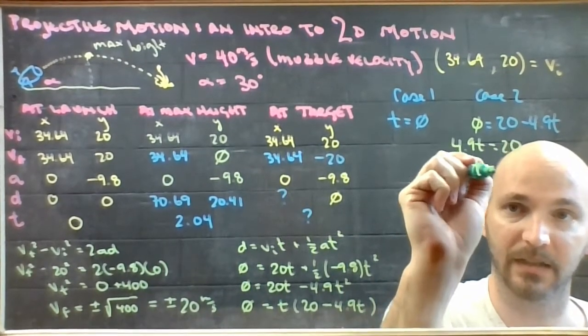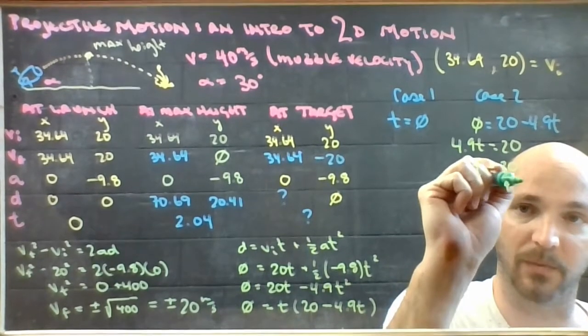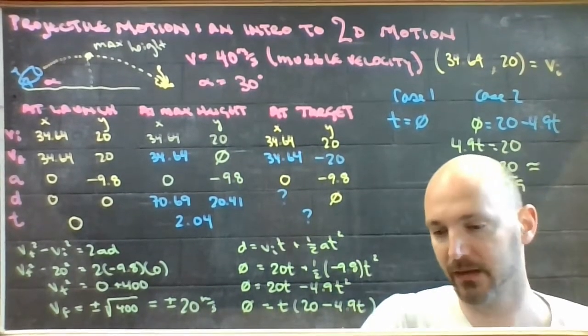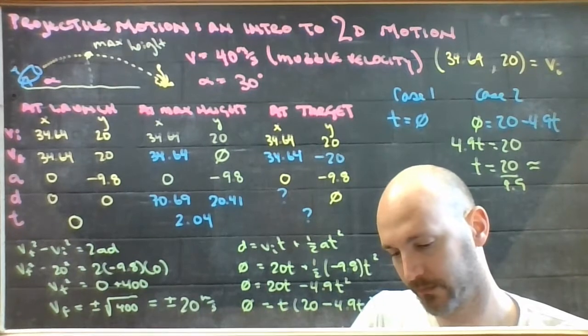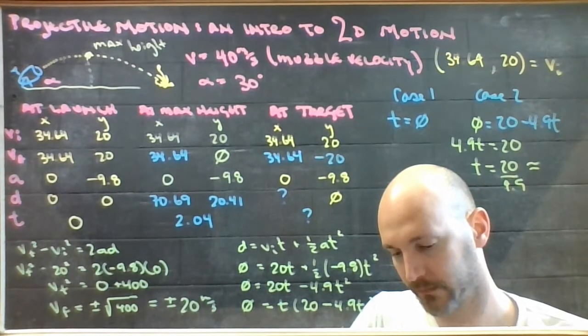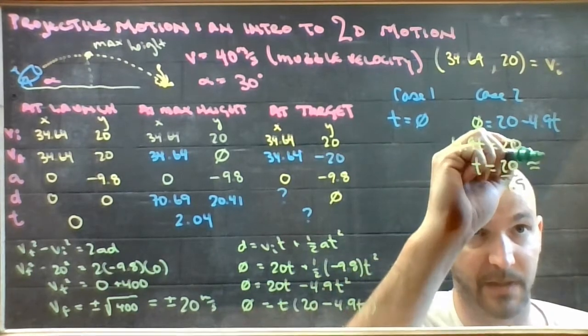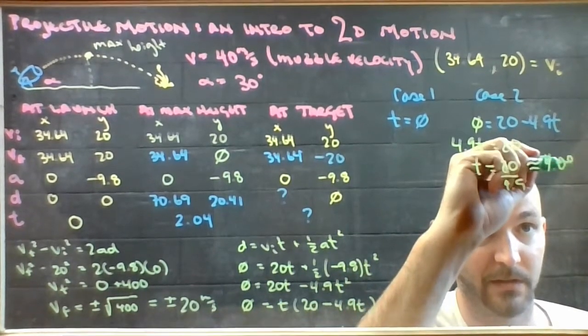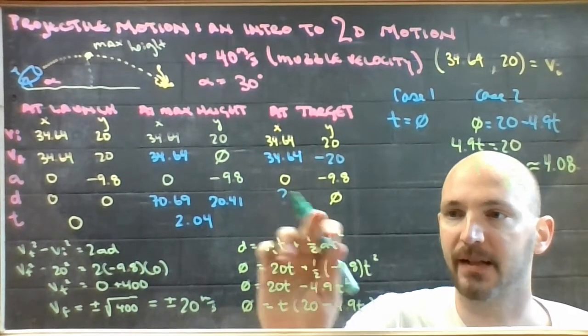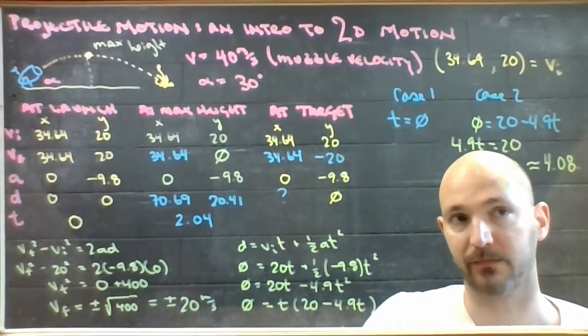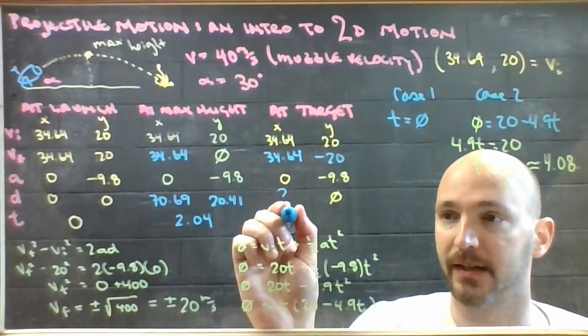So t is 20 divided by 4.9, which is approximately 4.08 seconds, if you can see it on my very shiny forehead. So that time there is 4.08 seconds.